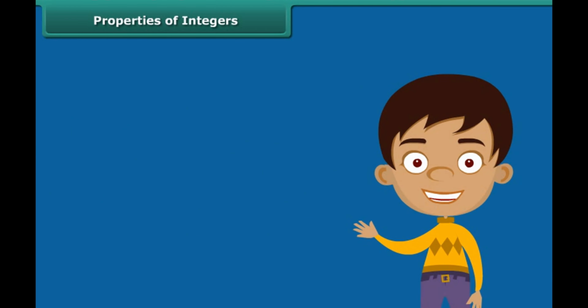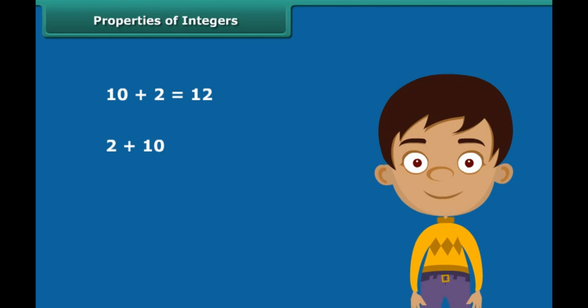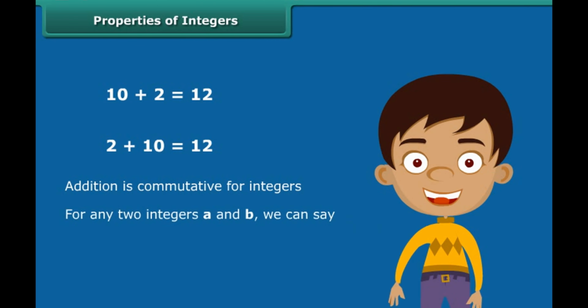Or we can write it as 10 plus 2 is equal to 12, and 2 plus 10 equals 12. In both the cases, we get the same answer. This means the integers can be added in any manner. Hence, addition is commutative for integers. In general, for any two integers a and b, we can say a plus b is equal to b plus a.